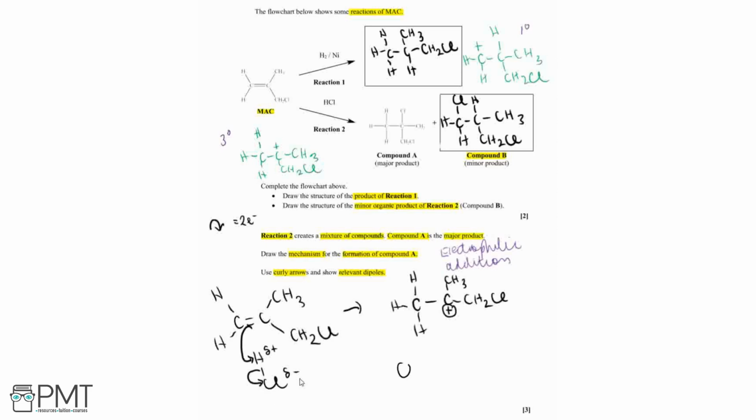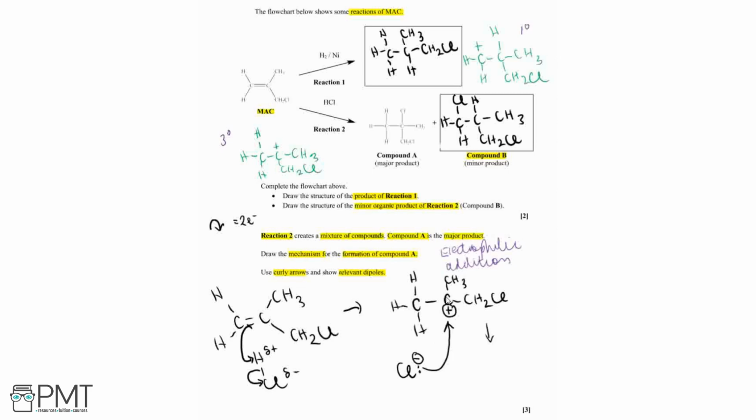So we've now got a carbocation and a negatively charged chloride, and this is going to attack that carbocation there. So those electrons are going to be flowed onto that carbon, forming a new bond.